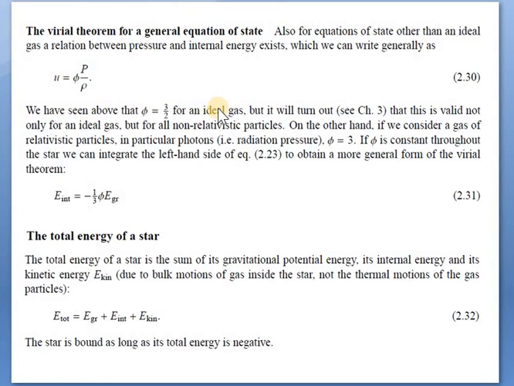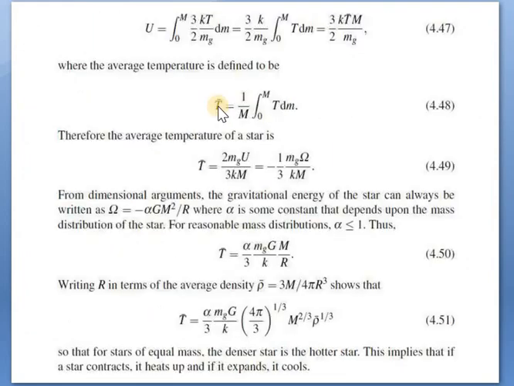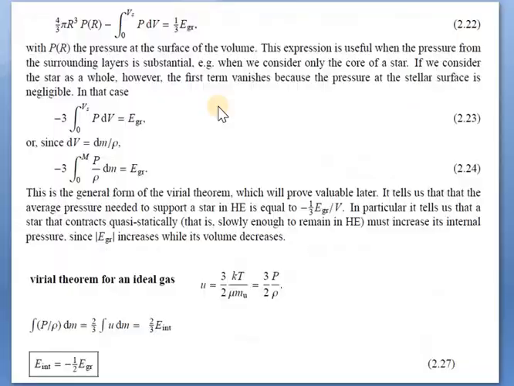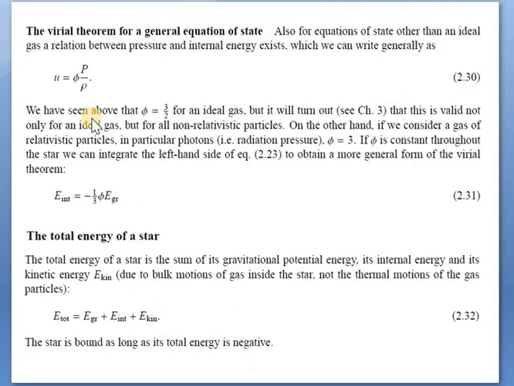Now, if phi is constant throughout the star, then we can integrate the left hand side of which equation? You see equation 2.23, this equation. We can integrate the left hand side of this equation, and we will obtain a more general form of the Virial theorem, which is this form. It's a fairly simple form, this one.